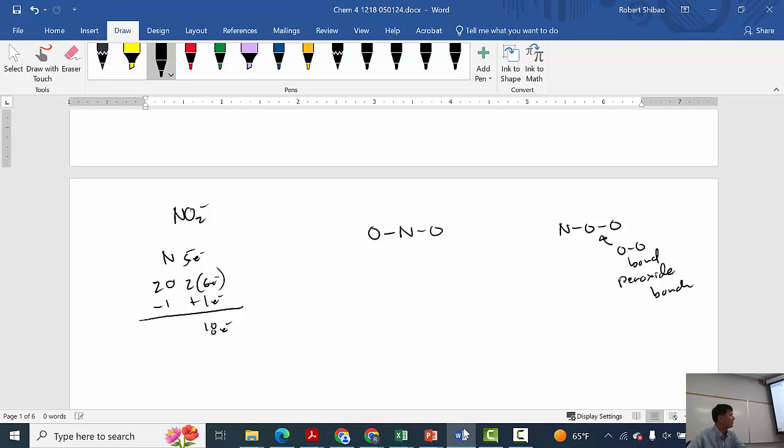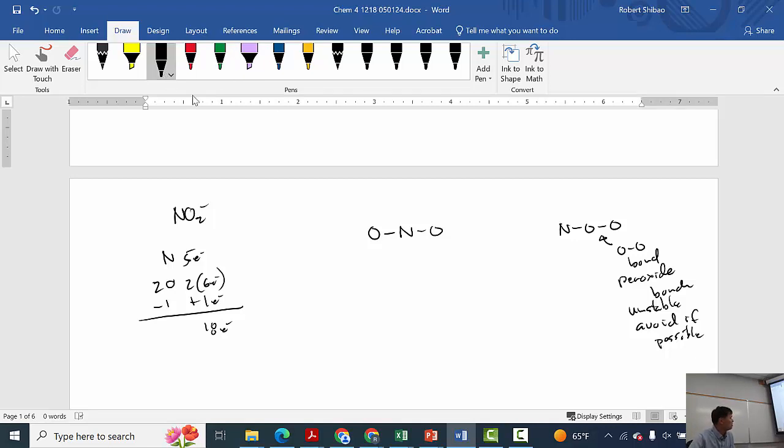Peroxide bonds are unstable. Inherently unstable, and we try to avoid these if possible. But sometimes it's not possible because the compound itself is a peroxide. And so that's another reason I'm going to put nitrogen in the center.